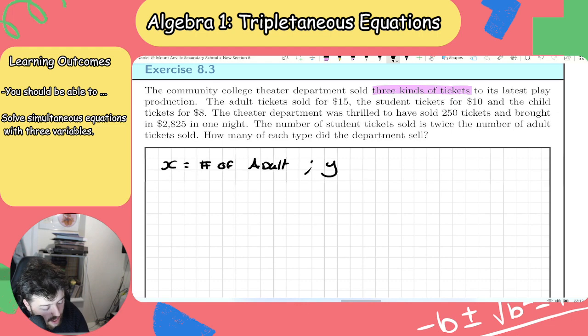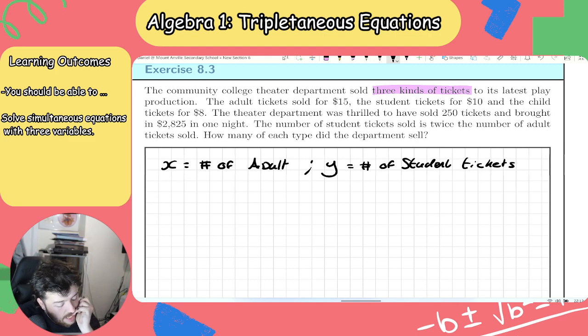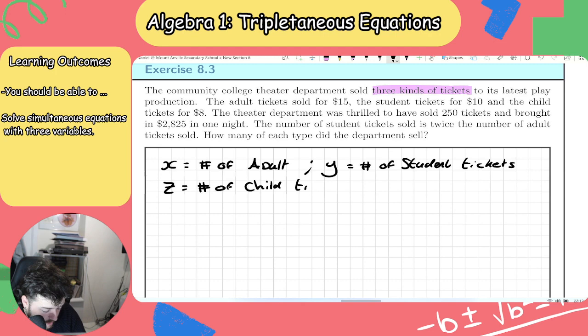The student ticket for 10, so y is going to be equal to the number of student tickets. And child tickets, z is going to be equal to the number of child tickets.